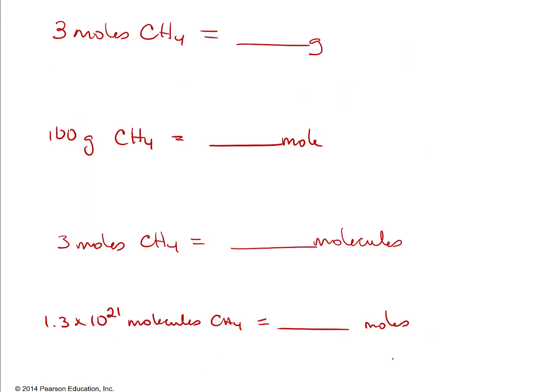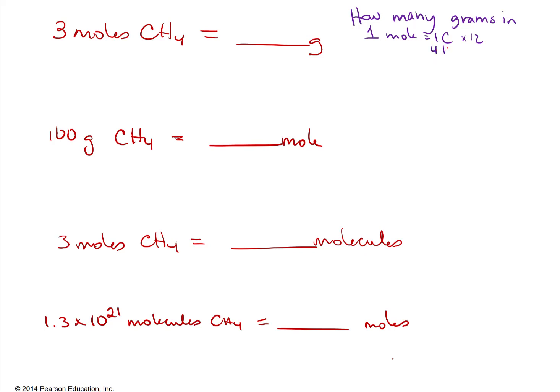So in doing the unit conversion, if we want to go from moles to grams, it's just a single unit conversion. All we need to know is how many grams in 1 mole. And you can use the periodic table for that. You don't have to memorize it. How many grams? So carbon we said weighs 12, and there's only one of them.